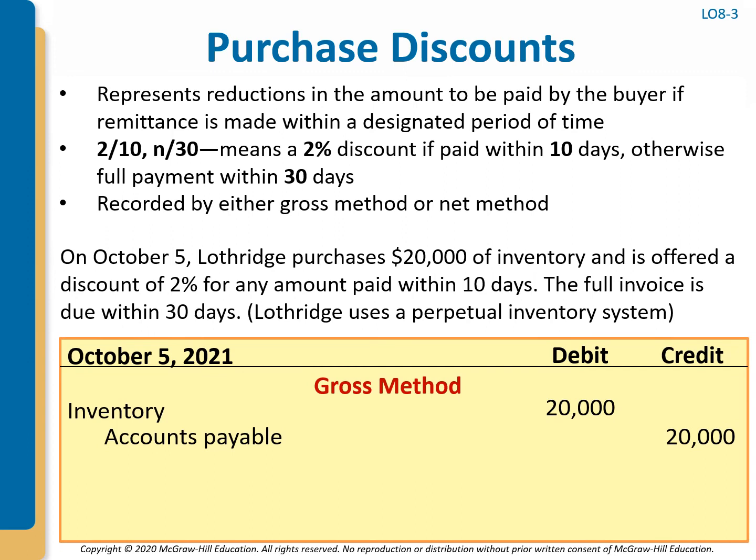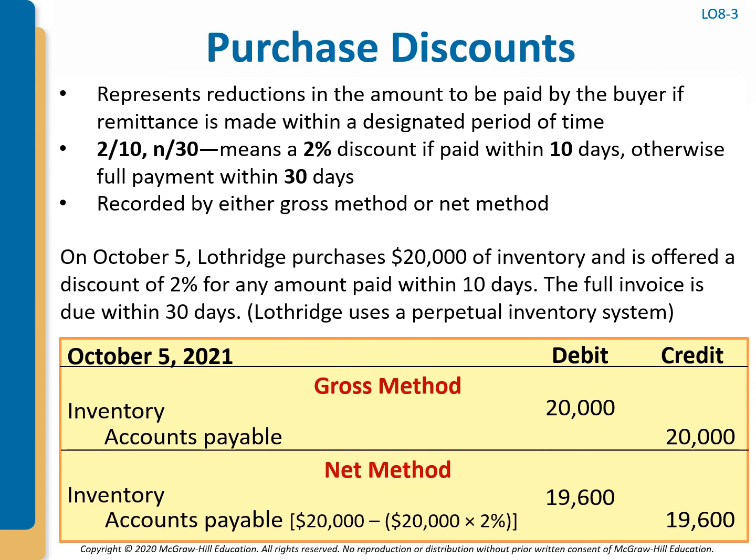With the gross method, they increased their inventory account with a debit of $20,000 for the full amount, and accounts payable by $20,000 because they owe the full amount.